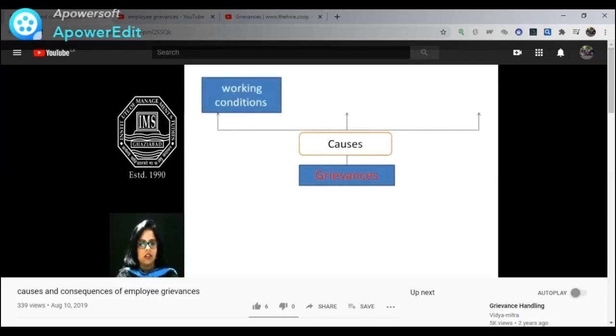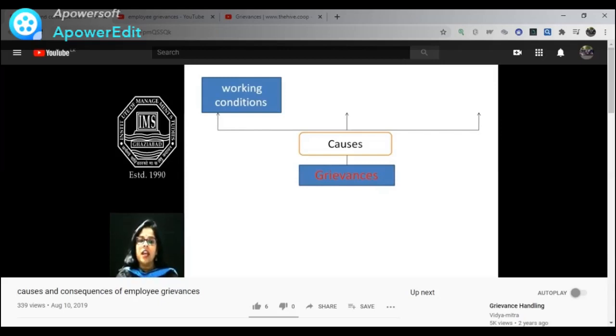So the first cause is working condition. Any employee may have grievances due to improper working conditions. So what can be the sub points under working condition? It may be related to your job specification, water facility, your sitting place, or maybe the standards set for your work are improper. These can create a problem and make you dissatisfied, and all these sub points come into the category of working conditions.